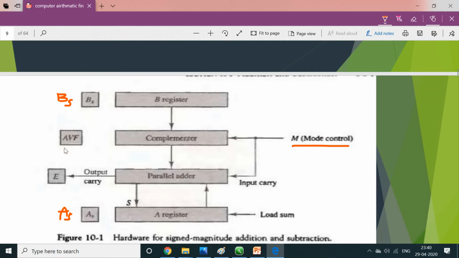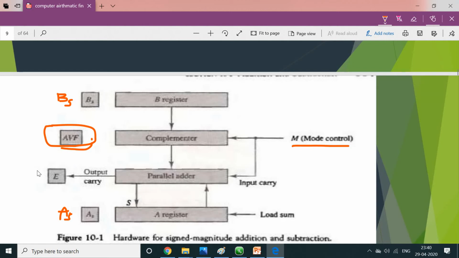Coming to the left side, the remaining two registers are there. AVF means adder overflow flag.